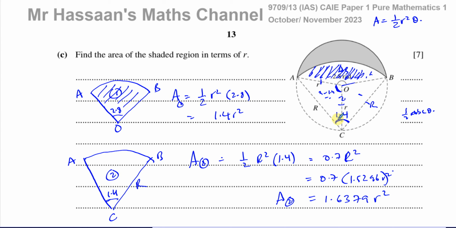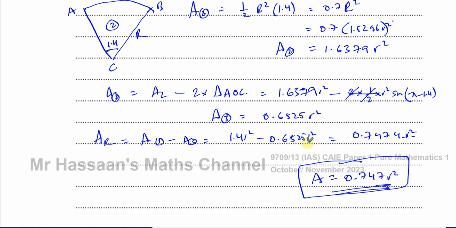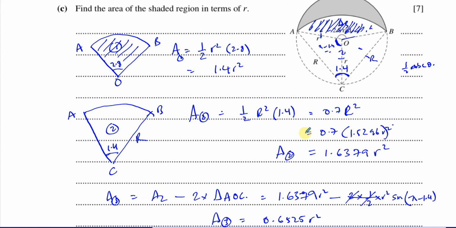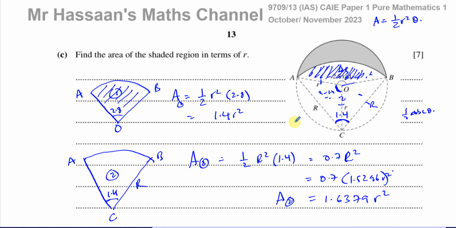For example, I could have found the area of maybe the whole circle minus the area of this. So it will be a bit different. I think this is the easiest way. There probably are other ways, but I think this is the easiest way from what I could see. So there's the answer to part C of this question.